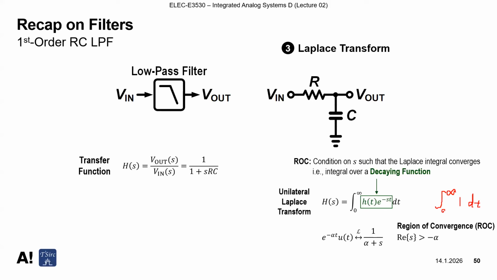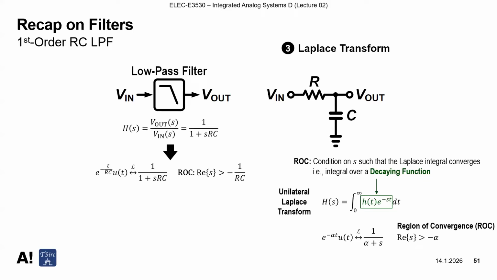So when we multiply our impulse response with some exponential, it must be a decaying function. That is the condition of ROC. What values of s make h(t) times the exponential a decaying function? That is the definition of ROC.